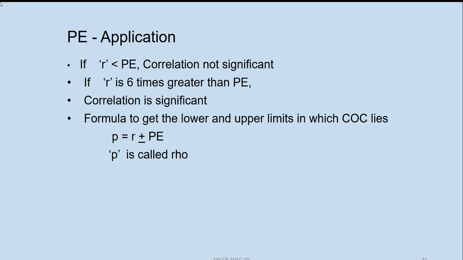If r is 6 times greater than probable error, that is more than 6 into probable error, then correlation is significant. The formula to get the lower and upper limits in which the coefficient of correlation lies is P is equal to r plus or minus PE. P is called the correlation.